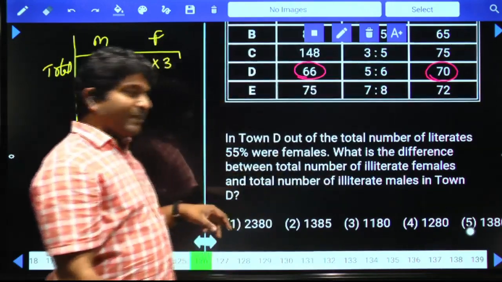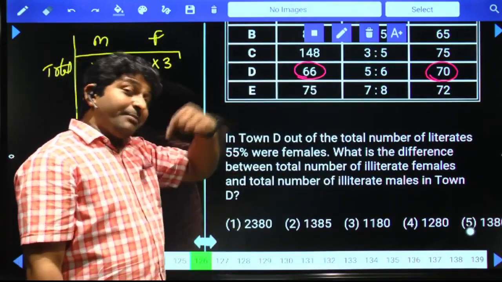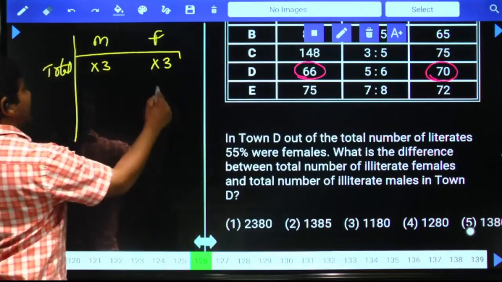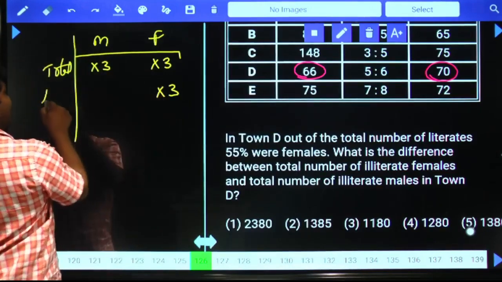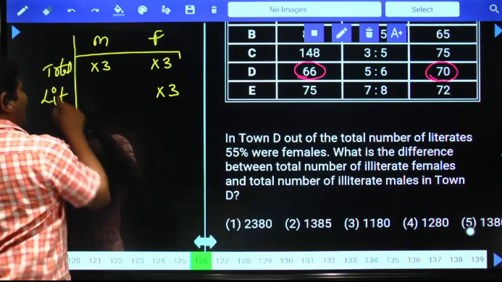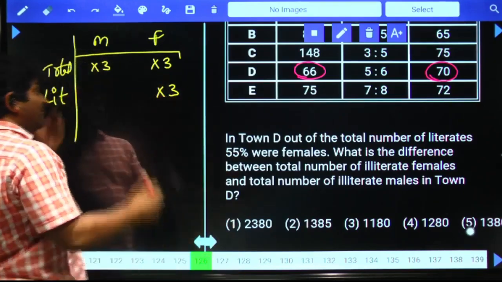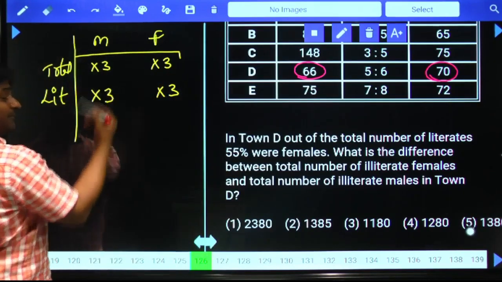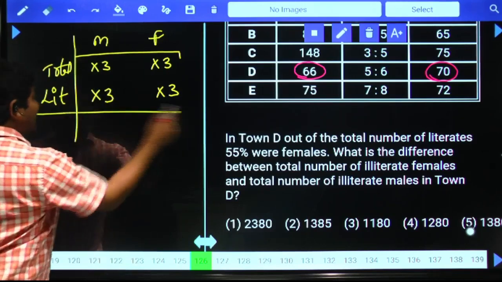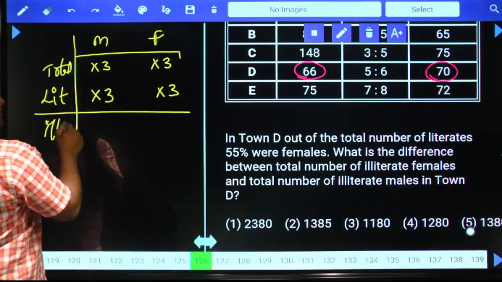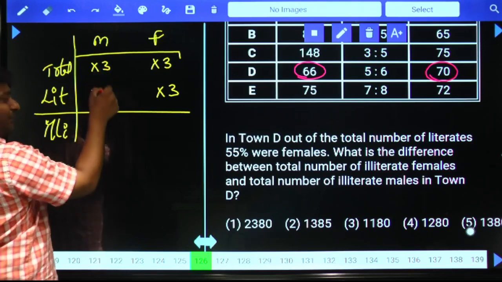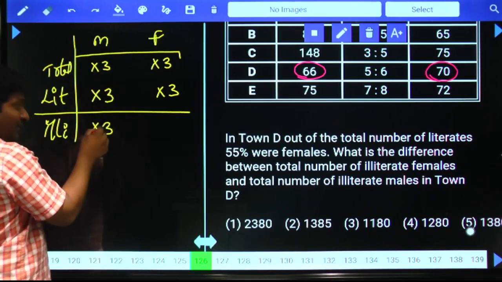Out of the 3 multiple, 70% of this number, female are 55%. 55% of a 3 multiple is also a 3 multiple. These are literates. Out of total literates, a 3 multiple, if you subtract female, then male are also a 3 multiple. Illiterate people are total minus literates, 3 multiple minus 3 multiple. Again here also a 3 multiple.